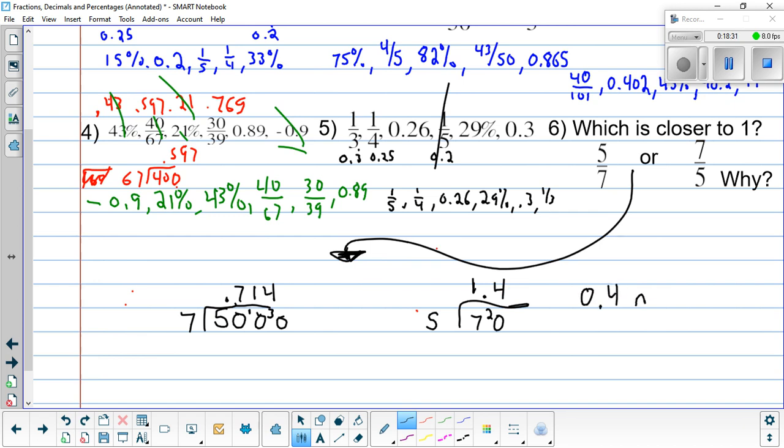Well, this is 0.4 away, and this is 0.29 away. So 5 over 7 is closer. Very simple, straightforward.